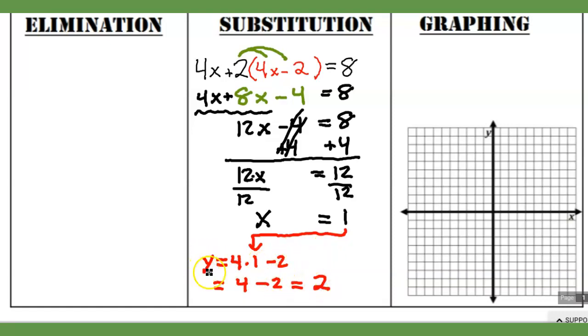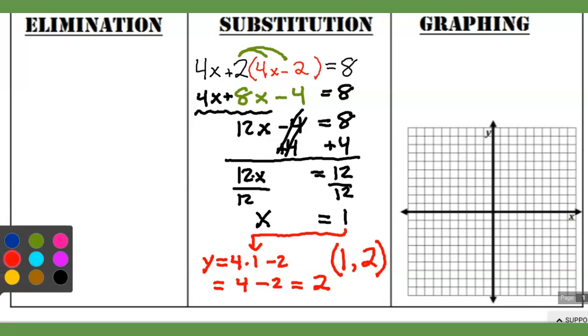So we got y is equal to 2, so our answer would be 1 for x, 2 for y, 1 comma 2. So hopefully that looks familiar. I haven't forgotten too much.